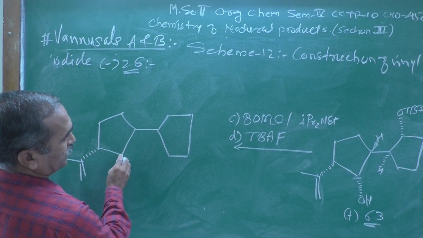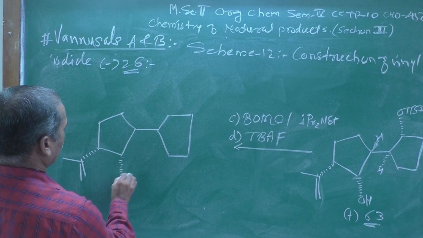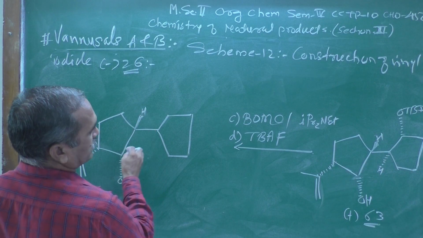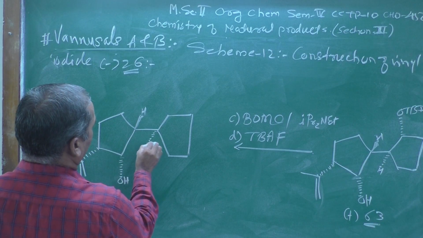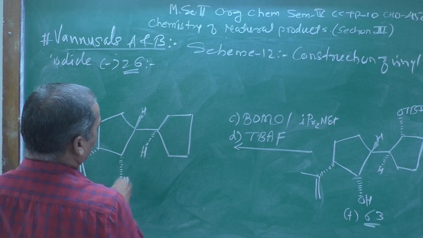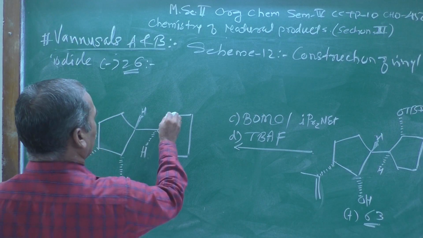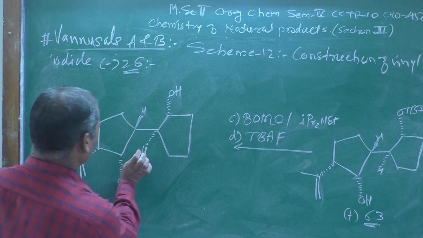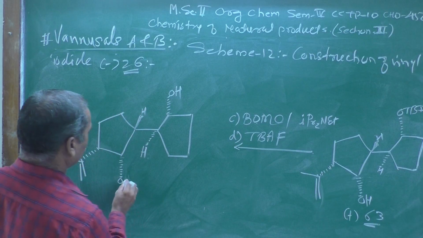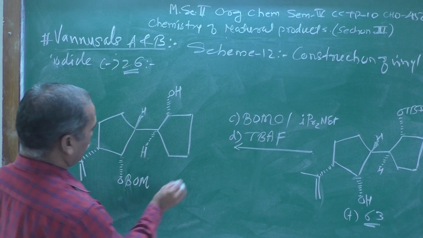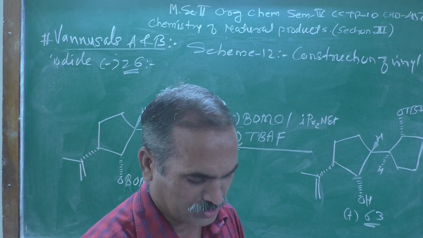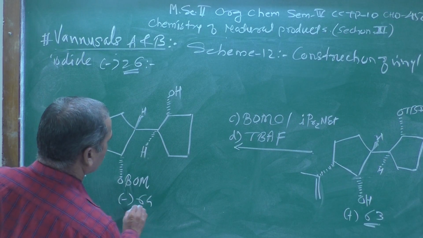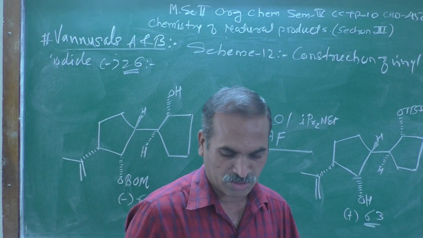This hydroxy group should be here below the plane, the hydrogen atom remains above the plane, the hydrogen atom at this junction remains as it is, and here deprotection will occur, and this BOM group gets protected, and this is the compound which we got over here, compound 64.